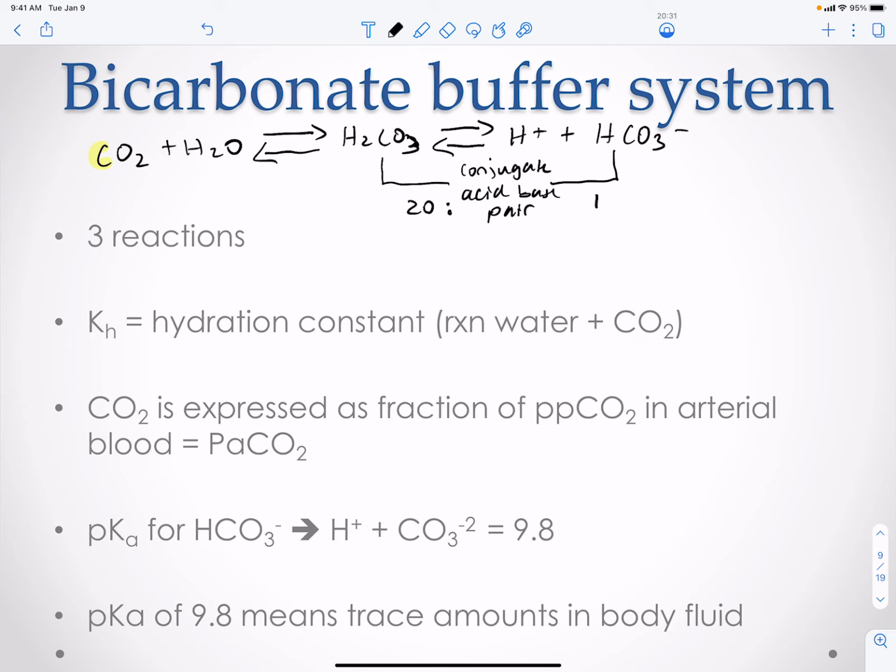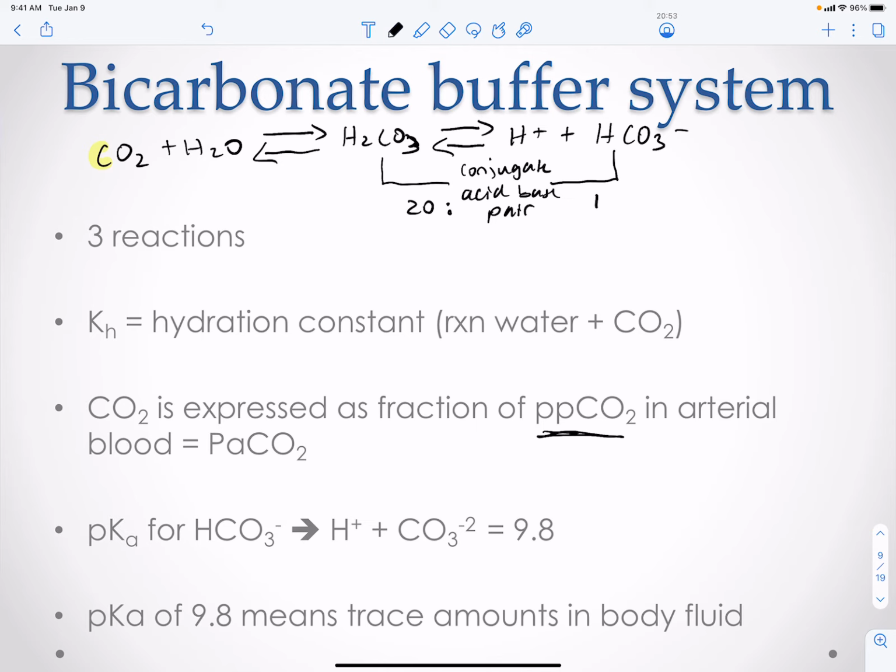Now, CO2 is also, as I said before, going to be expressed as a fraction of partial pressure CO2 in arterial blood, the partial pressure of arterial CO2. The buffering system is going to be coupled to the removal of CO2 from the blood as well as exhalation from the lungs.